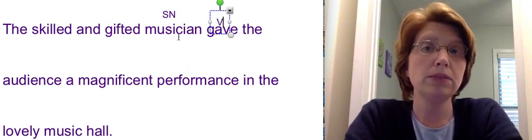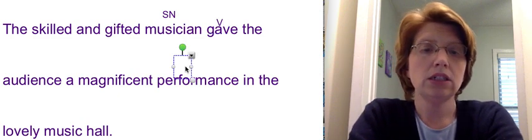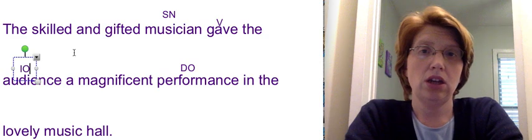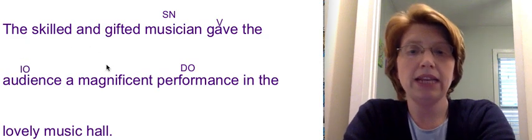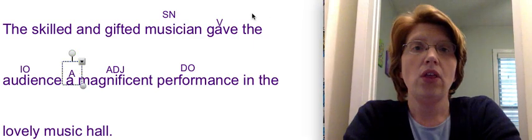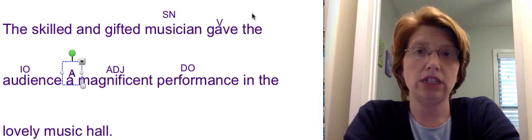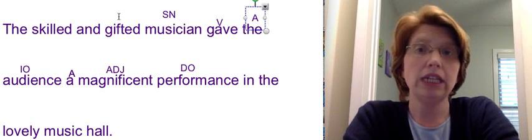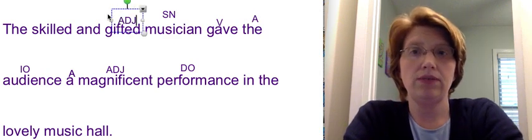Does performance mean the same thing as musician? No. Performance, direct object. Gave performance to whom? Audience, indirect object. What kind of performance? Magnificent, adjective. A, article adjective. The, article adjective. What kind of musician? Gifted, adjective.